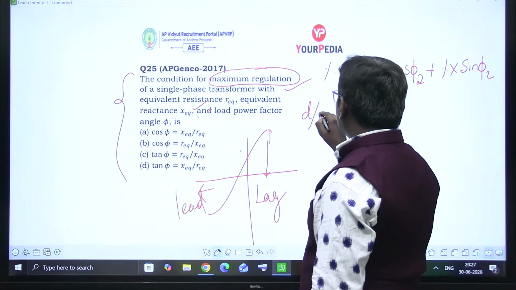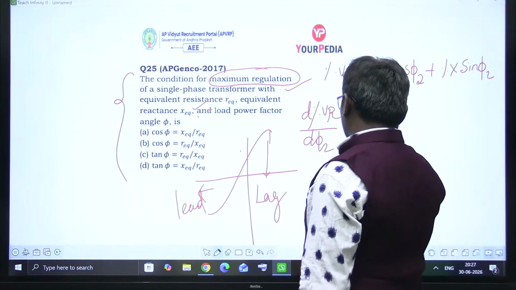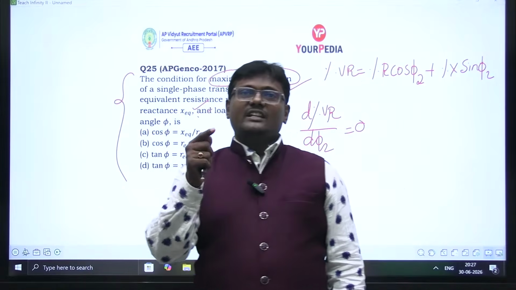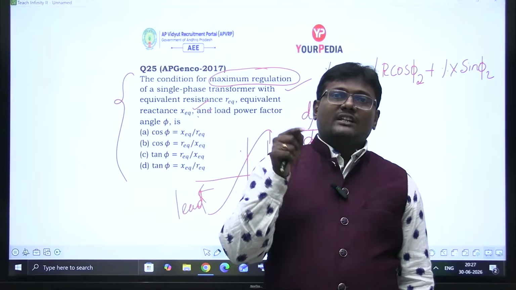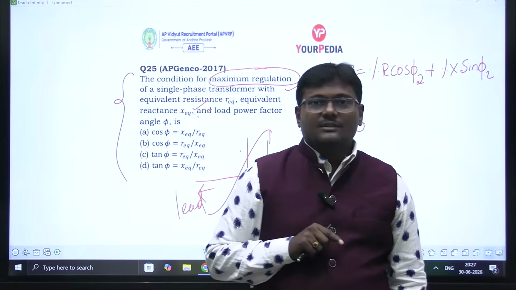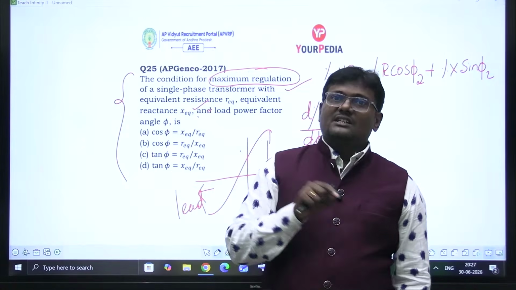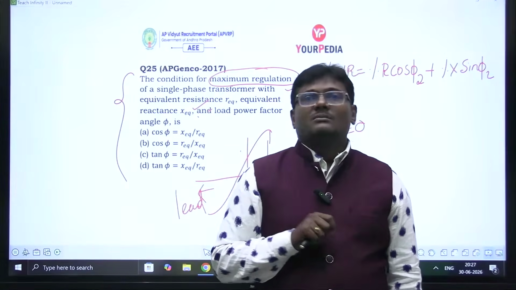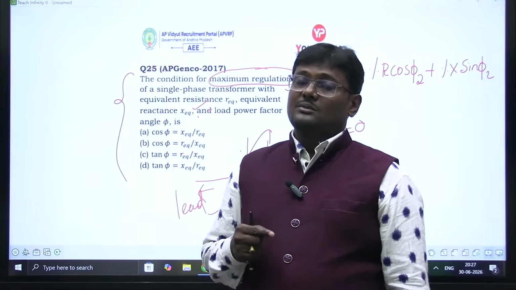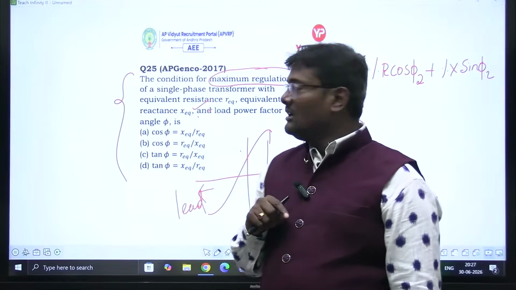Differentiate this with respect to phi 2: d percentage voltage regulation by d phi 2 is made equal to 0. Always remember, in mathematics also, if an equation is given and you need the maximum condition, differentiate that equation with respect to the variable. When deriving maximum efficiency, efficiency is differentiated with respect to load current, maintaining power factor constant.